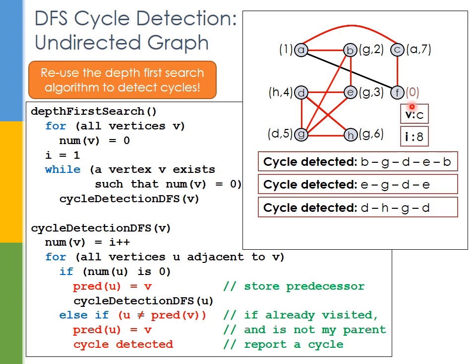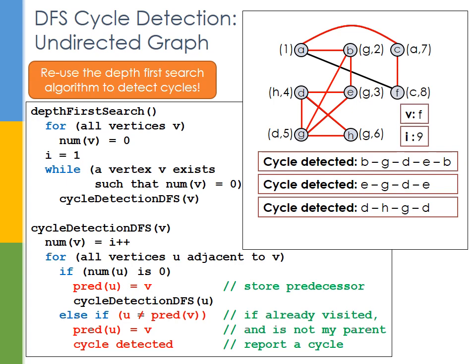So now we look at vertex F's number. We see once again that it is 0, so we need to set its predecessor to the current vertex, which is C. And then we move to the next execution of the cycle detection DFS function, but now for vertex F. So now we need to once again update the number for vertex F. So we're updating that value 0 to the current value of i, which is 8.